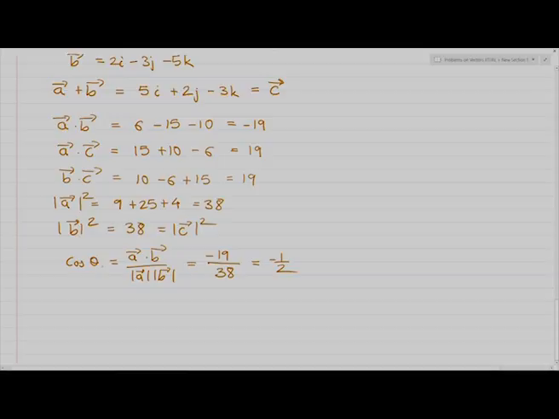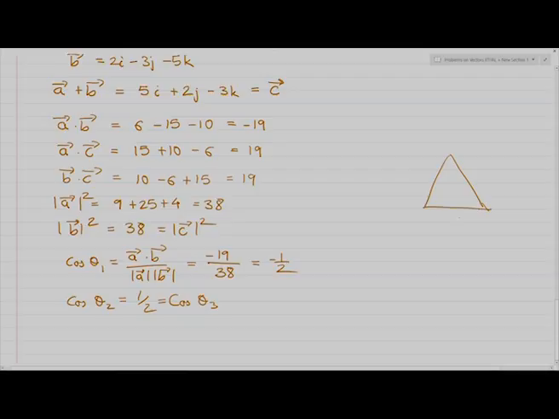Let us call this theta 1. Cos theta 2, if you do similar calculations, will become 1 by 2, cos theta 3 will again be equal to 1 by 2.